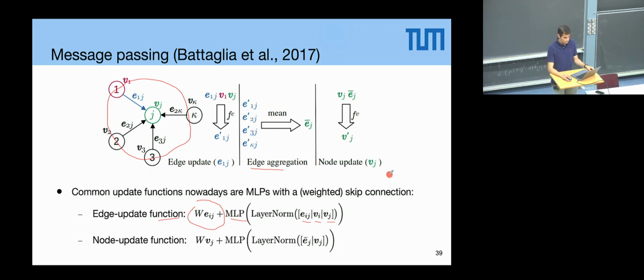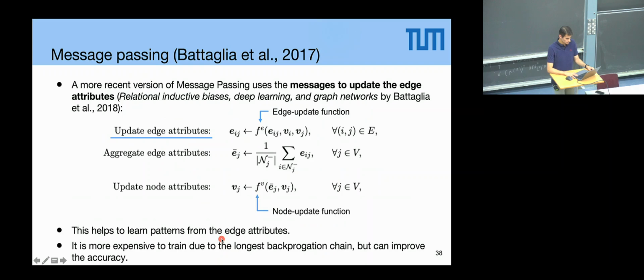And then we have the node update function, where we take this aggregated value together with the current values for the node features. This goes through the node update function, which again can be an MLP. So we just take the aggregated features for the edges and the features for the central node, concatenate them into a single vector, and then this goes through a layer normalization, MLP, and we can add a weighted skip connection. So this was summarized in this algorithm with these three steps.